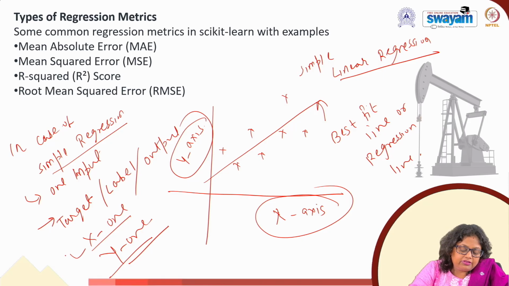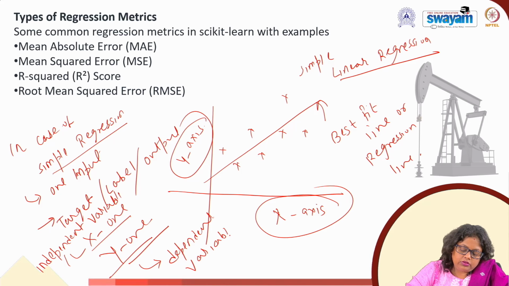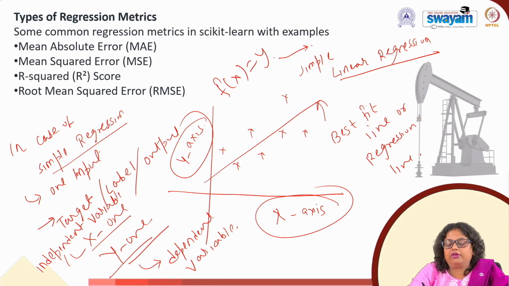So x is the independent variable and y is the dependent variable. So y is a function of x, and we can write it this way: f(x) equals y.